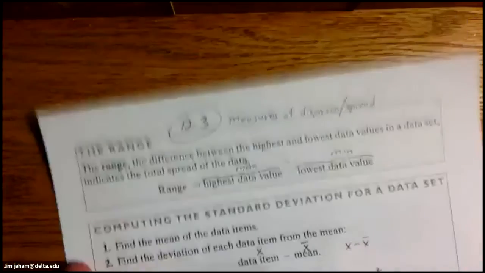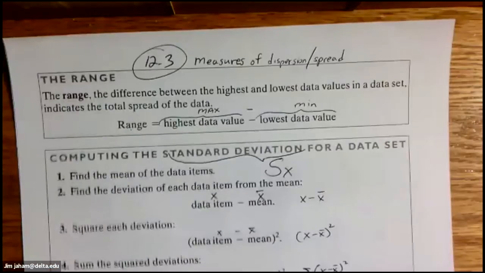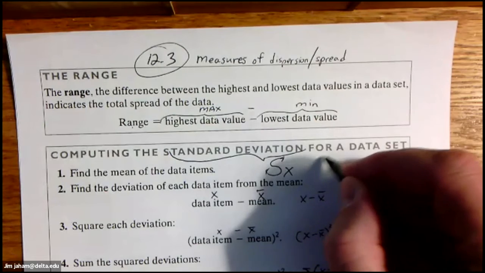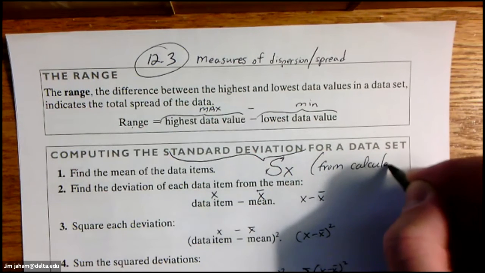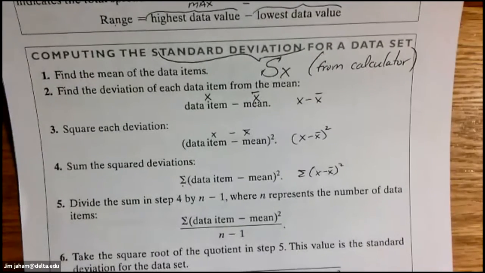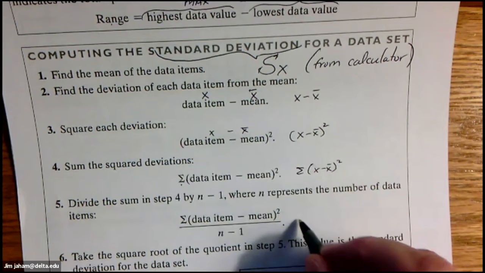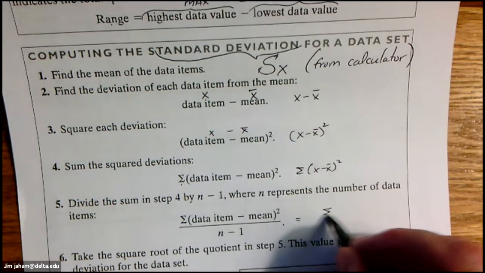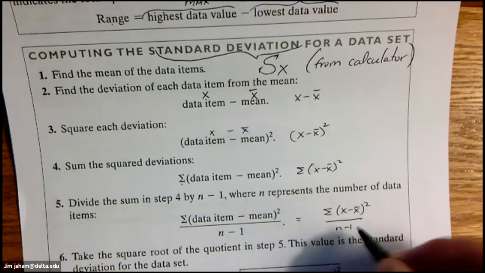By the way, the standard deviation that we're after is Sx from the calculator. All right, next, we're going to take the sum of those squared deviations and divide by n minus 1.